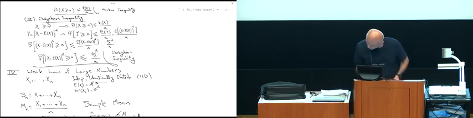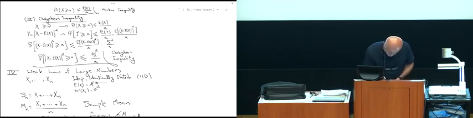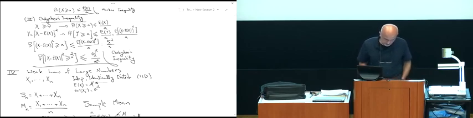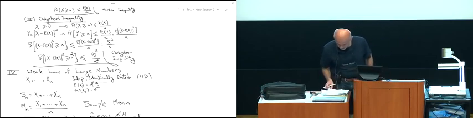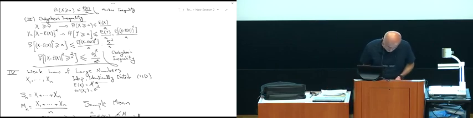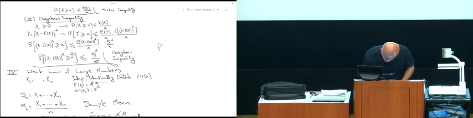A squared. I should have put a square here. So I'm going to put a square there and a square here. And then you can derive it from the Markov. I think that's where I made the mistake. Let me see. A squared is the same as, so here's where I goofed.